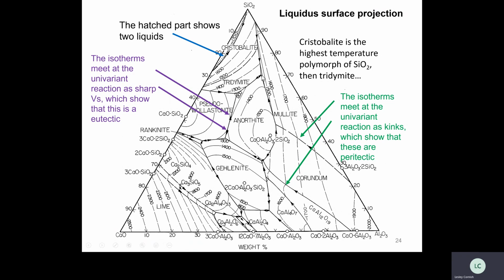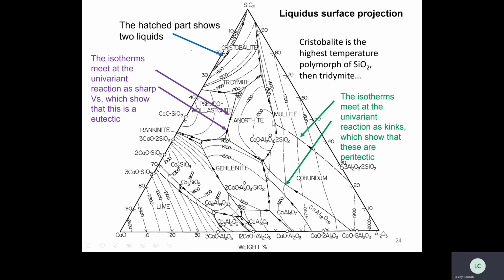So if you look here, we know that's an invariant reaction because we've got three liquidus surfaces meeting. We know it's a ternary eutectic because we've got one arrow going in, two arrows going in, three arrows going in.